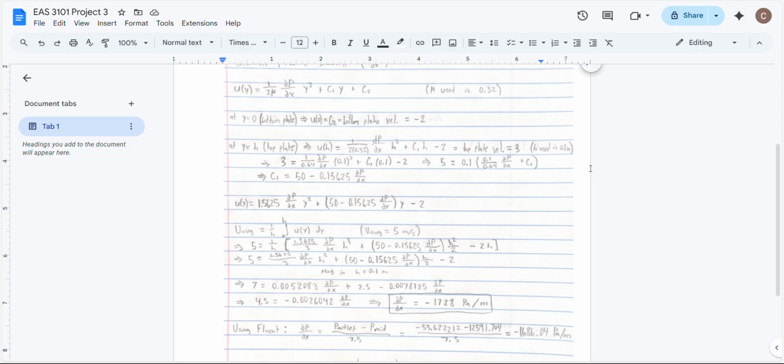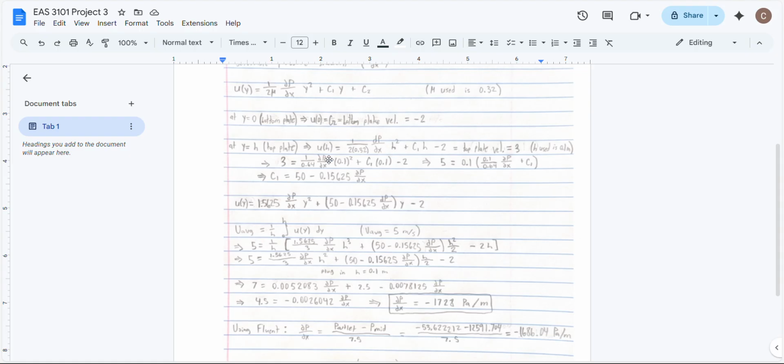That was the h that we set for our project. So we plug in all those values: 3 equals 1 over 0.64 dP/dx, plug in our h value, 0.1 squared, plus C1 times 0.1 minus 2. We add 2 to this side, factor out 0.1, and then from here we can solve for C1, and we get C1 is equal to 50 minus 0.15625 dP/dx.